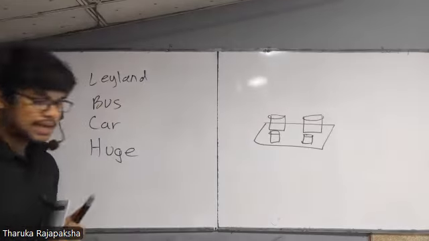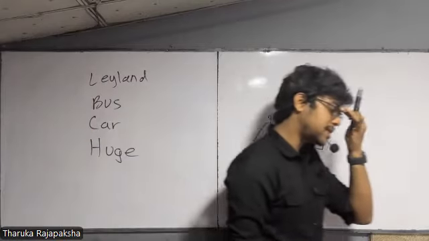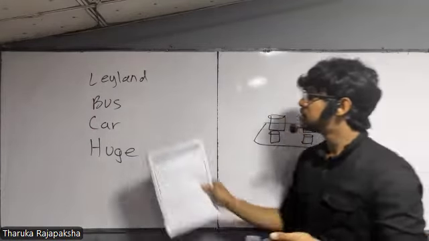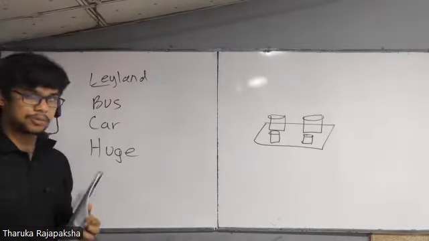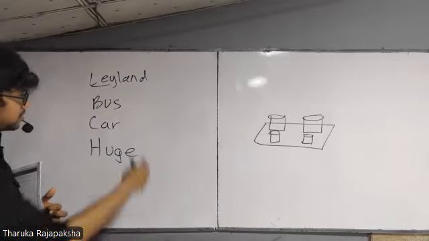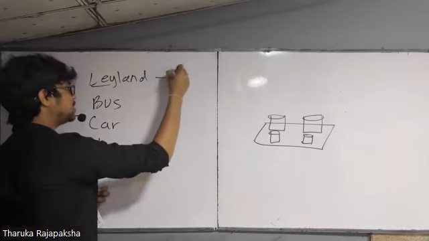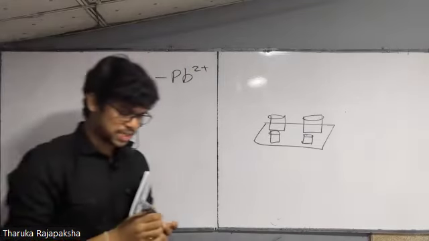Listen. There was a Leyland bus and a car and they were huge. That's it, easy. So what does this Leyland mean? Just like the previous one, Melissa, the "Le" is there. Here it means lead, Pb2+. Like we precipitated that before, right?